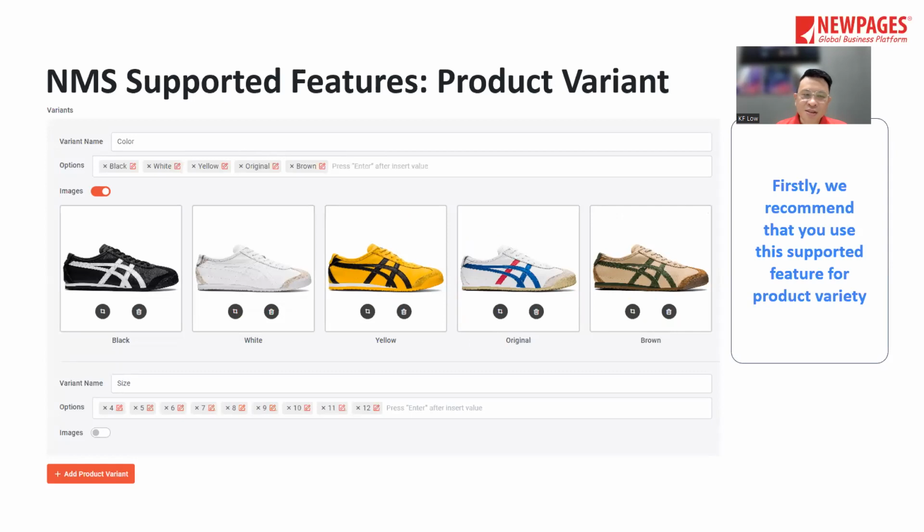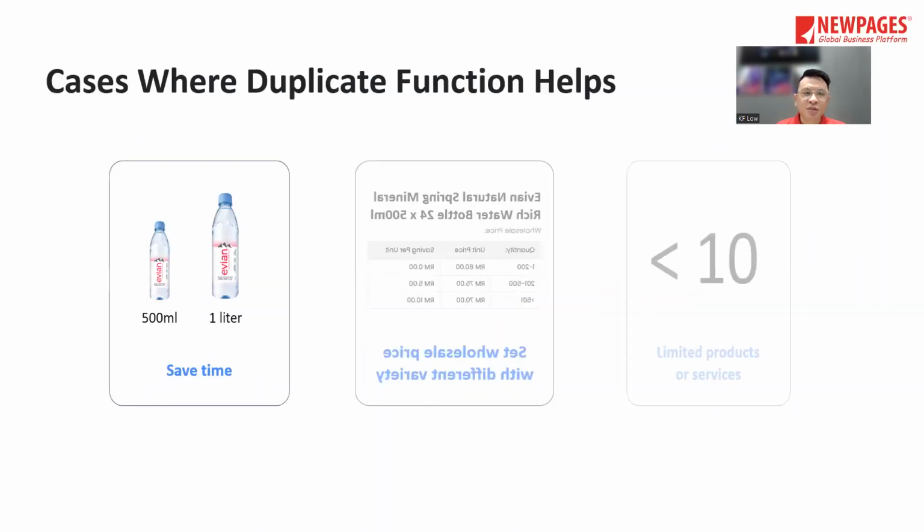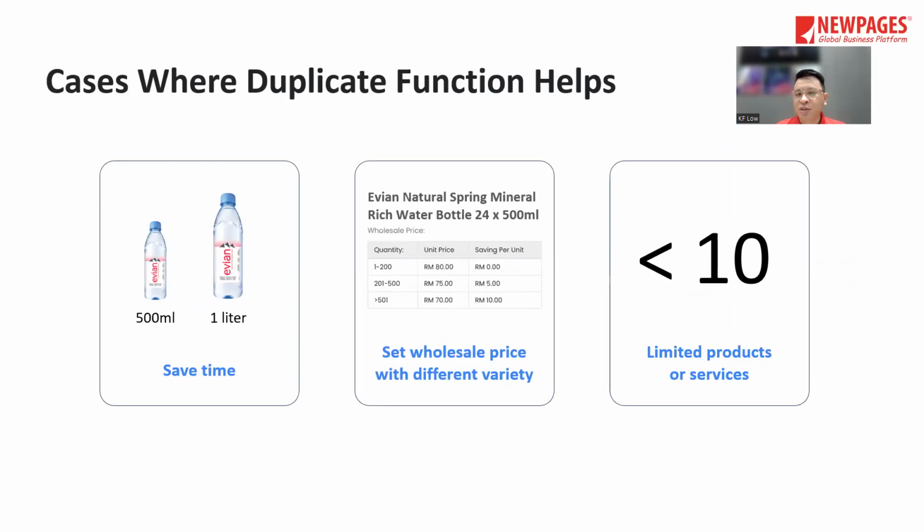But there are also cases where we have no choice but to do duplicates. So these are cases where the duplicate function will help you in managing your product posting, such as when you have limited SKU. In other words, you have limited products or services, maybe less than 10, and in each category, one product is not quite presentable.